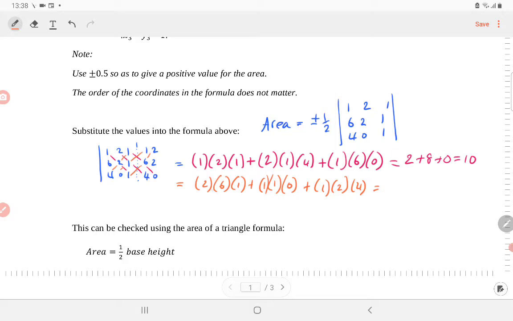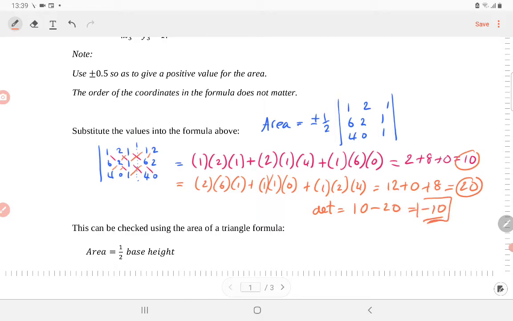Okay, so what does that give us? 2 6s are 12. Then we've got 1 1 0, which is 0. 2 4s are 8. 8 1s are 8. So that will give us 20. Okay, so your det will be the first number minus the second number. So 10 minus 20 will give us minus 10.